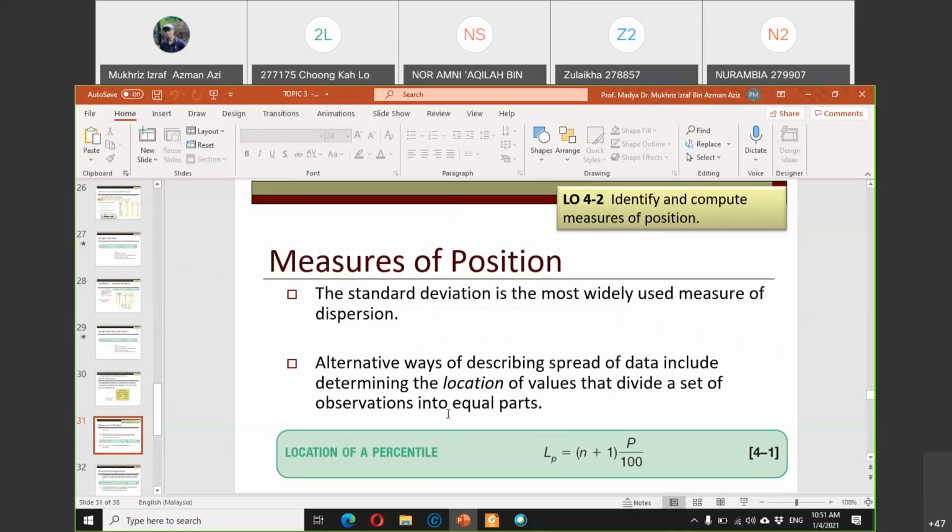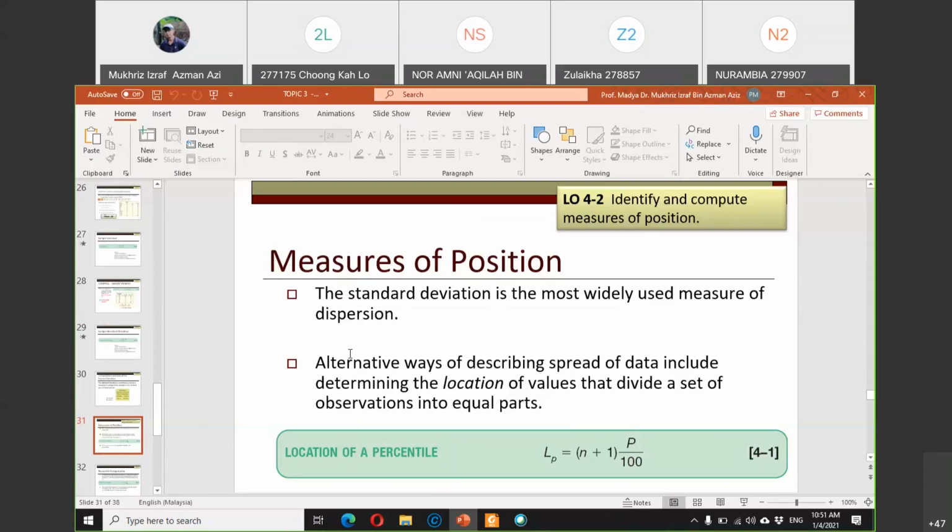In Malay, I think we call it kuantil or kuartil. You have Q1, quartile 1, quartile 2, quartile 3. In English we call it quantile. It is quite a similar term, and I'm sure you learned these measures before.